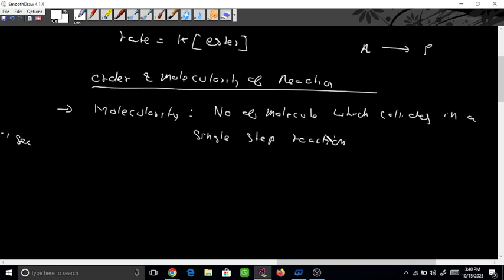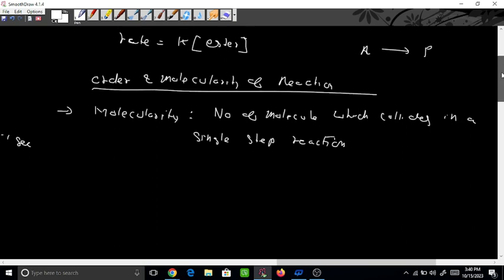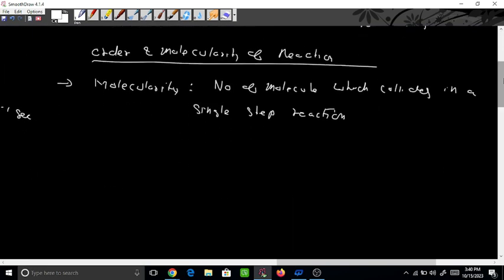If we have a multi-step reaction, then that will be a complex reaction. Like the earlier complex reaction, which we have seen, A forming C. So this we are talking about a single step reaction. In one step only the reaction is completed, not several steps.